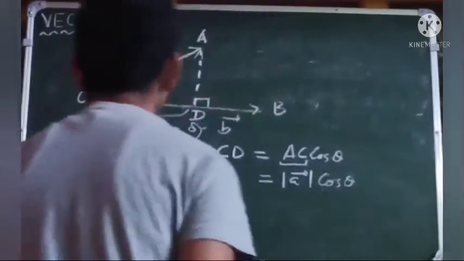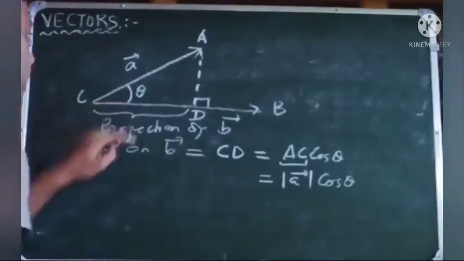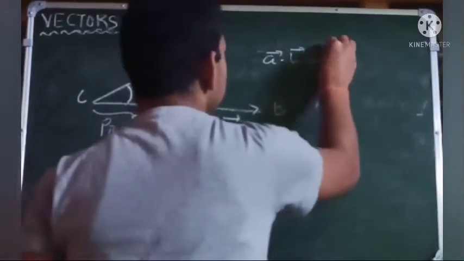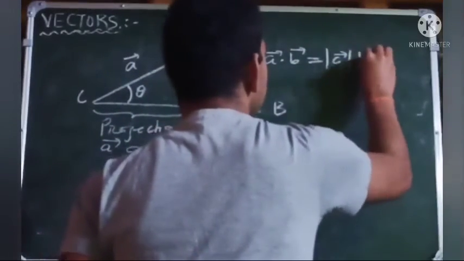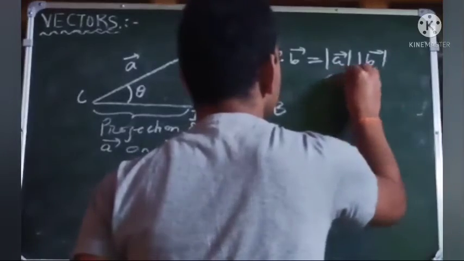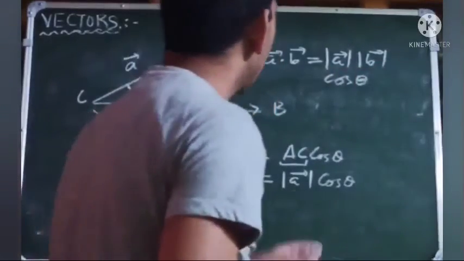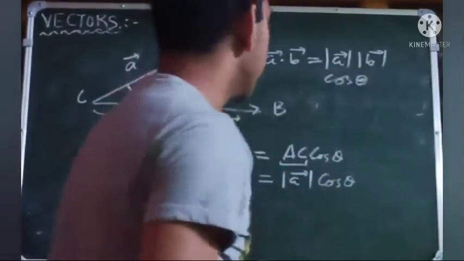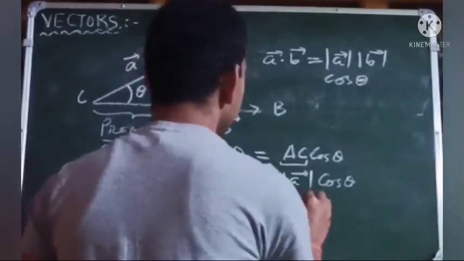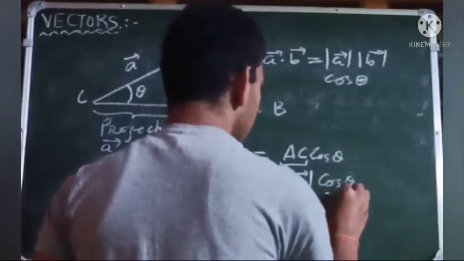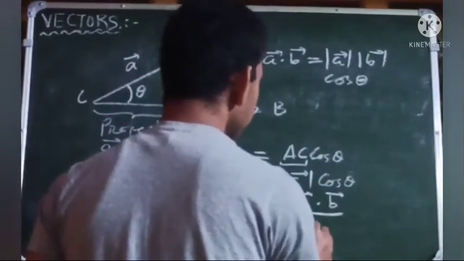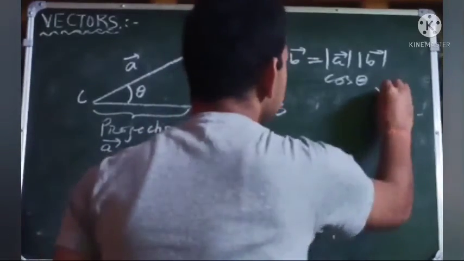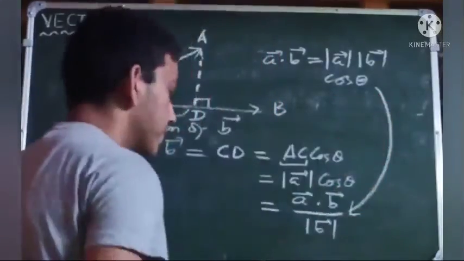Now from the dot product A vector dot B vector, we get magnitude of a vector multiplied with magnitude of B vector multiplied with cos of theta. So in place of magnitude of A multiplied with cos theta, we can write A dot B divided by magnitude of B vector. We have written this using this expression.